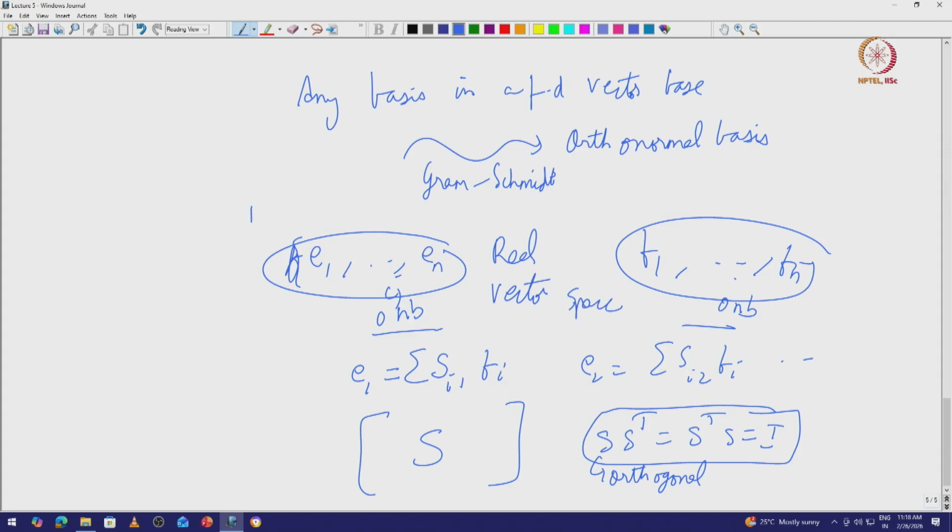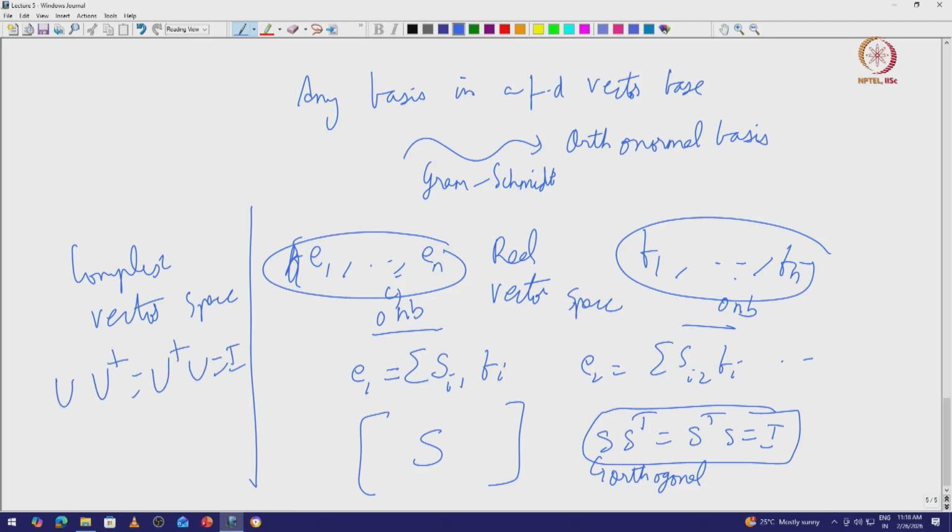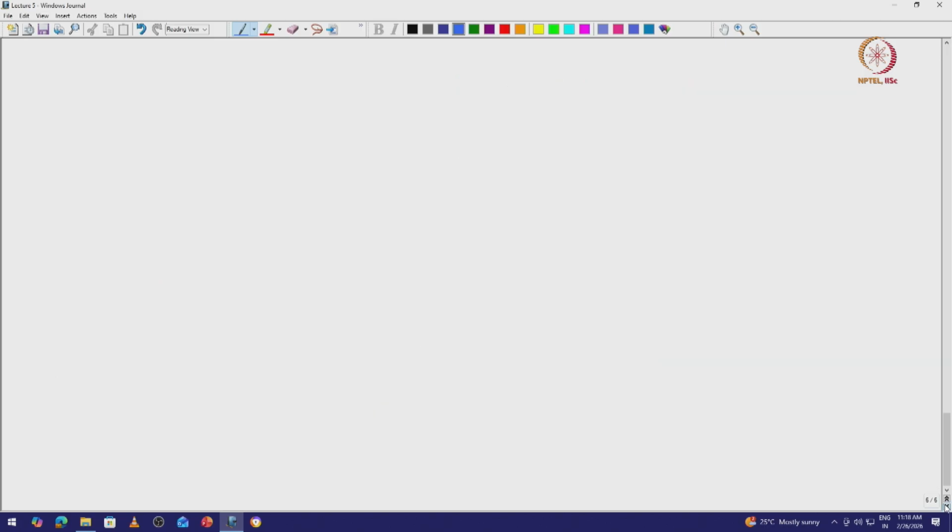If you play the same game in a complex vector space, then the corresponding matrix will be unitary. So that's the reason to care about orthogonal and unitary matrices. This requires proof, by the way. I'm not proving it. I'm just recalling these facts which you're supposed to know.